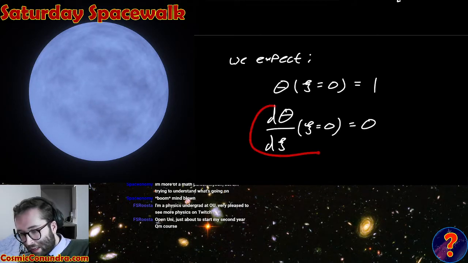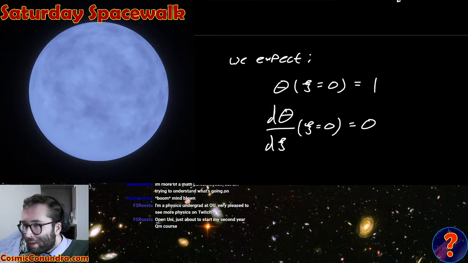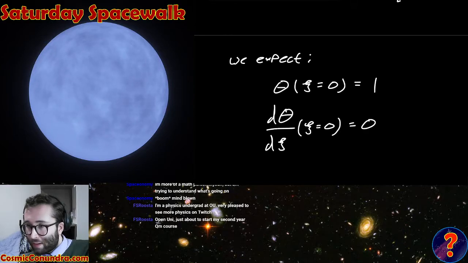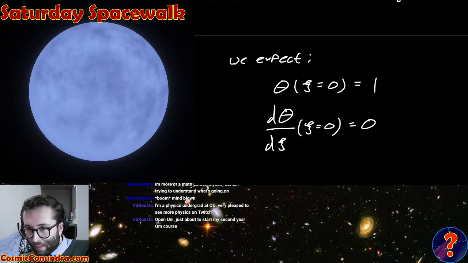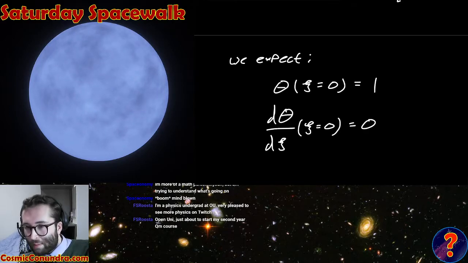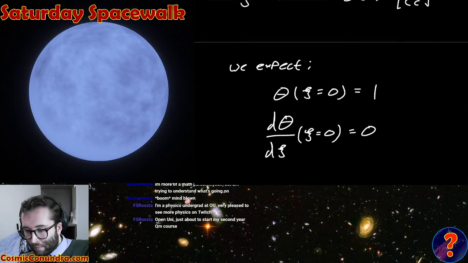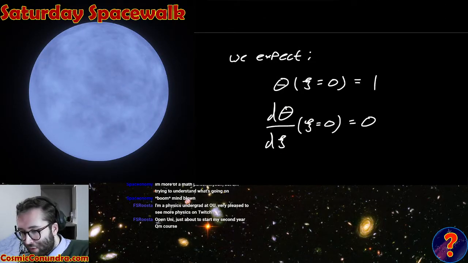And this is a little less clear why we expect this, but the reason we expect it is because if it wasn't 0, then our equations would have a singularity in them. You would have a point at which the gradient of the density has a singularity. It would flip. Now this will be a little clearer when I draw the sketch.